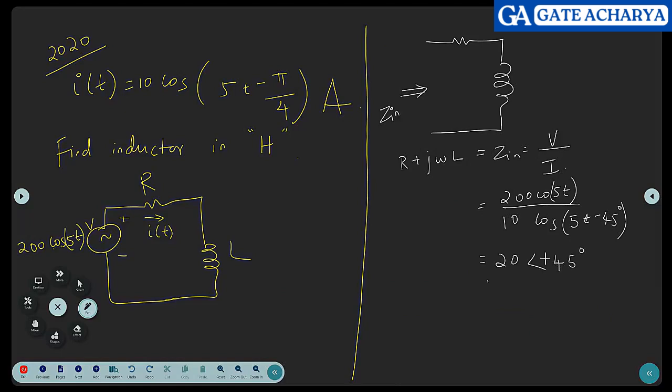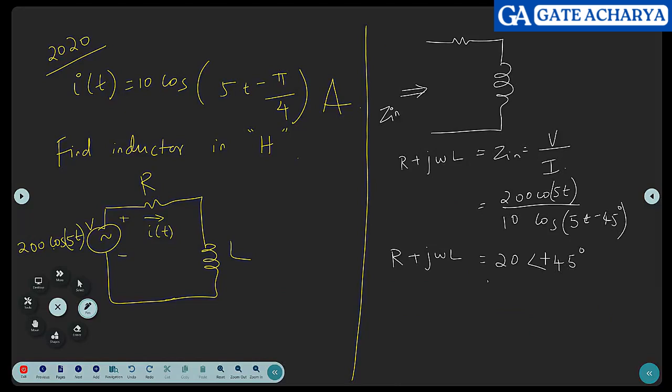See, I converted this to a complex number. Now you have a complex number whose magnitude and phase are both known. I converted this to the polar form of a complex number, not a Cartesian form.